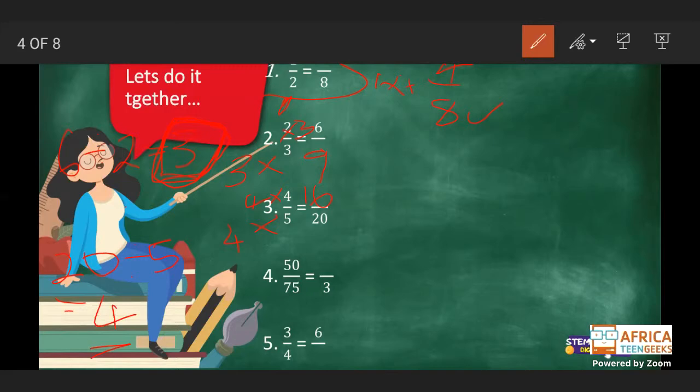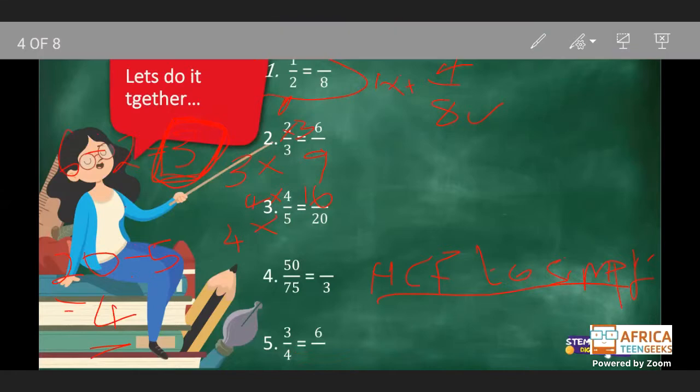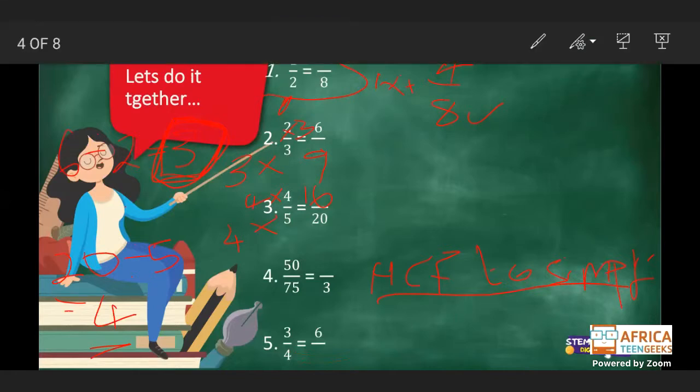So here in number 4, it means that they used the highest common factor to simplify our fractions, right? So we need to know what that particular highest common factor is so that we can use it to determine our numerator, because here you can see that we only have our denominator, right? Let's erase this.